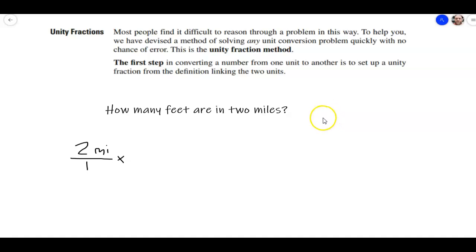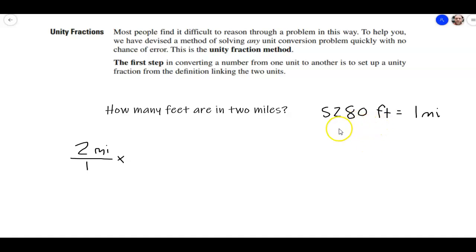So I know that there are 5,280 feet in 1 mile. This is something I can probably find on page 120 in the summary of the length conversions, but there's 5,280 feet in 1 mile.